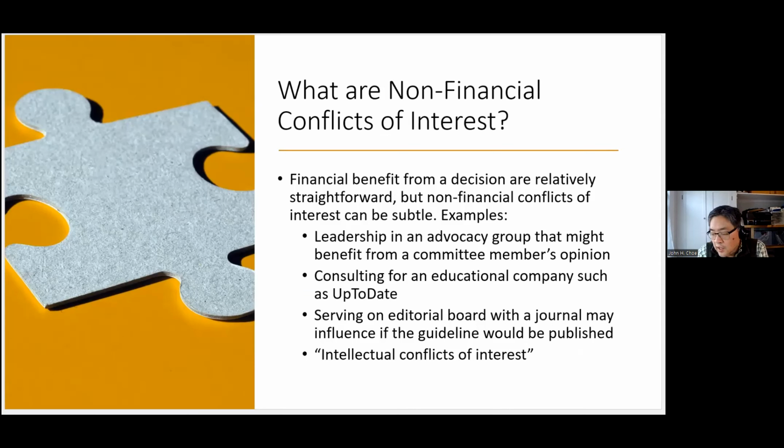A financial one is relatively easy, right? If you make money, or if there's a potential of making money on it, that is usually pretty straightforward. But sometimes there's more entanglement from these non-financial conflicts of interest.